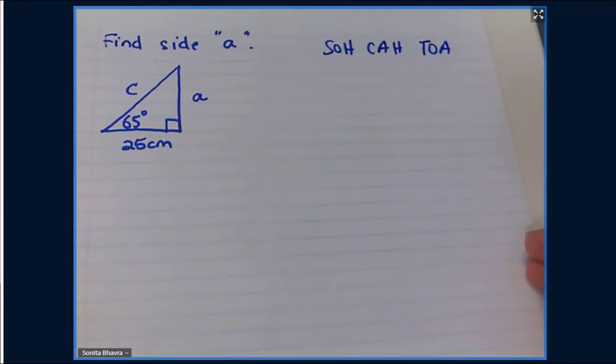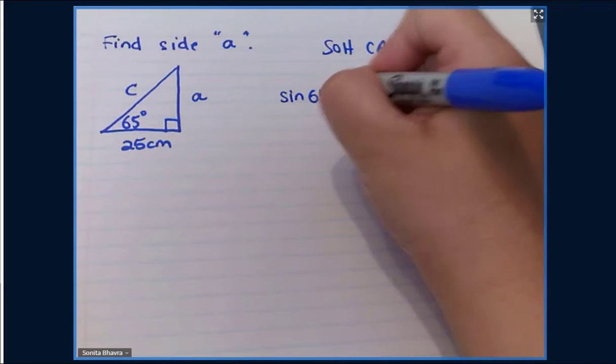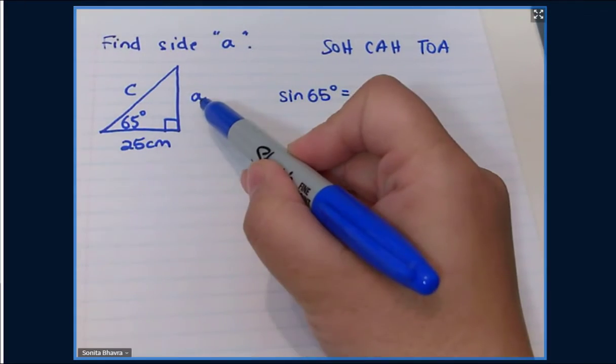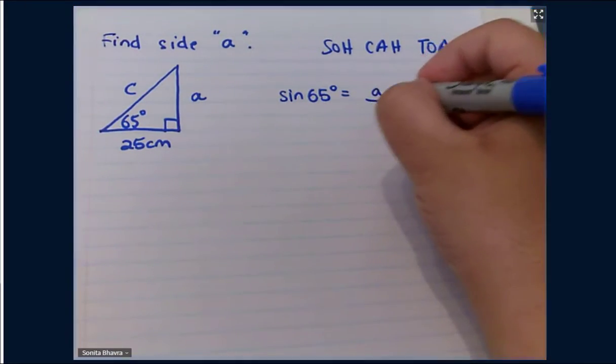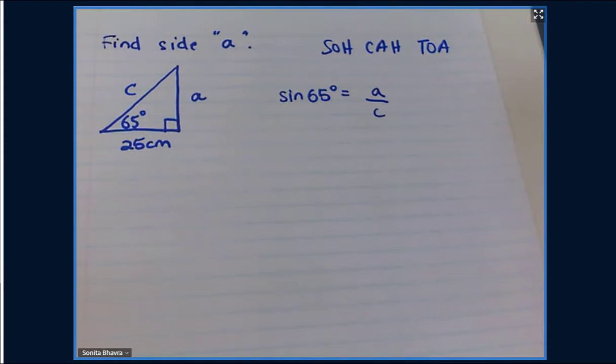And let's figure out which ratio we're going to use. So let's start with sine. Sine of 65 degrees, opposite is A, and the hypotenuse is C. So we don't have enough information to use the sine ratio.